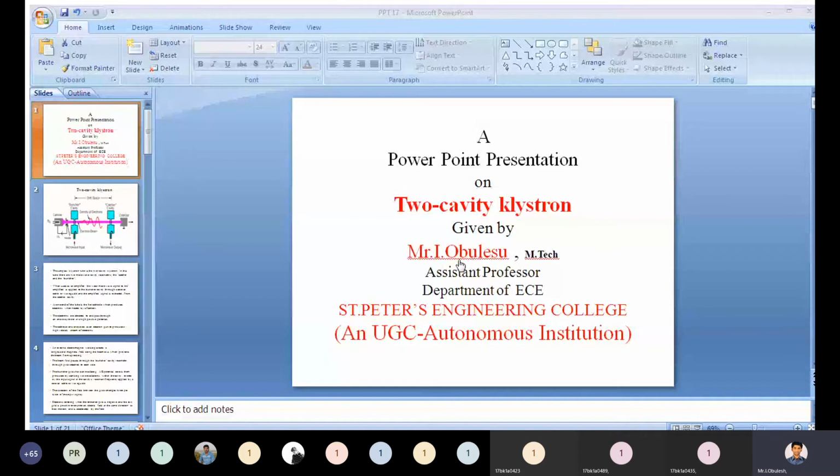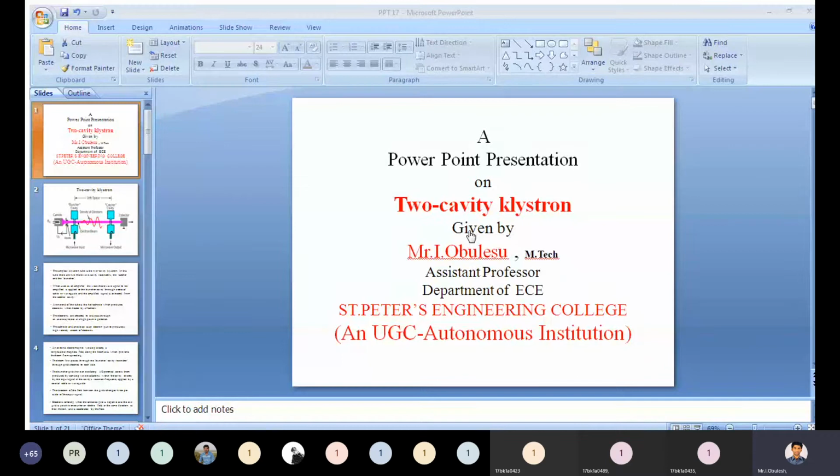The bunches of electrons pass through, exciting standing waves in the cavity, which has the same resonant frequency as the buncher cavity.